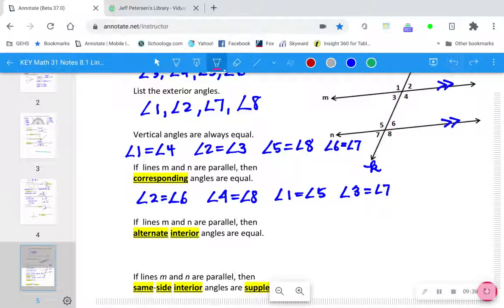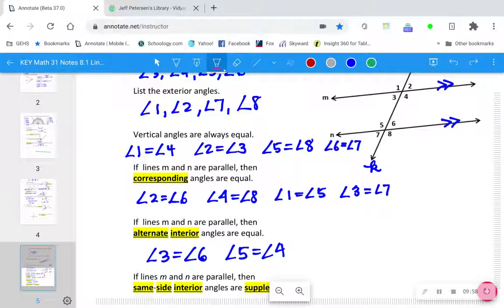They're on opposite sides of the transversal, one from each intersection, and interior. So angle 3 is going to be equal to angle 6. Oops, let me write that correctly. And then angle 5 is congruent to angle 4. And all of those interior angles are between the parallel lines.